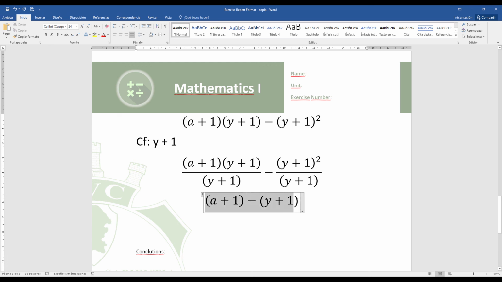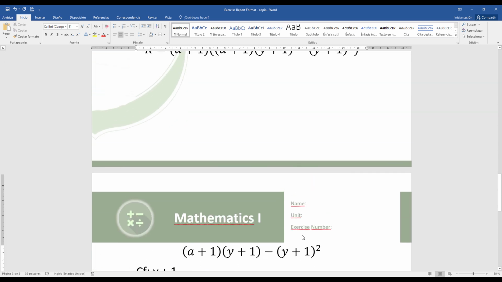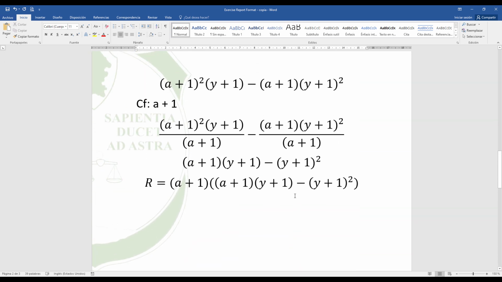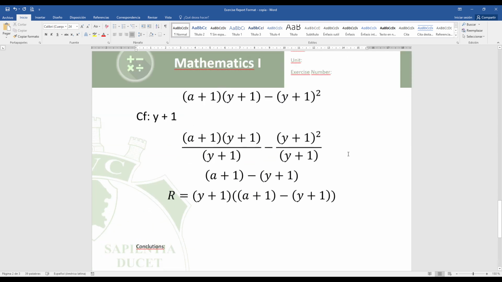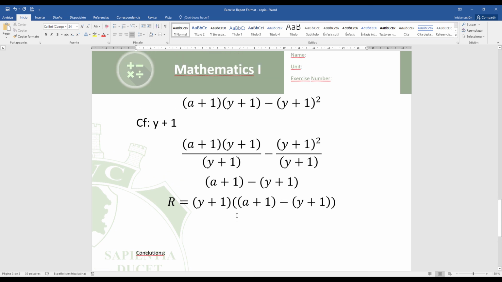So if you look here, the result of that division will be the multiplication of the common factor by the result of that division. If you follow those steps exactly in the same way that I did, you will have a result that is a little hard.